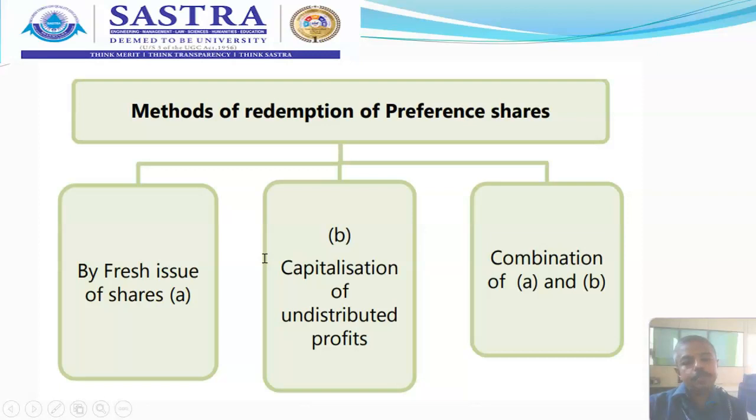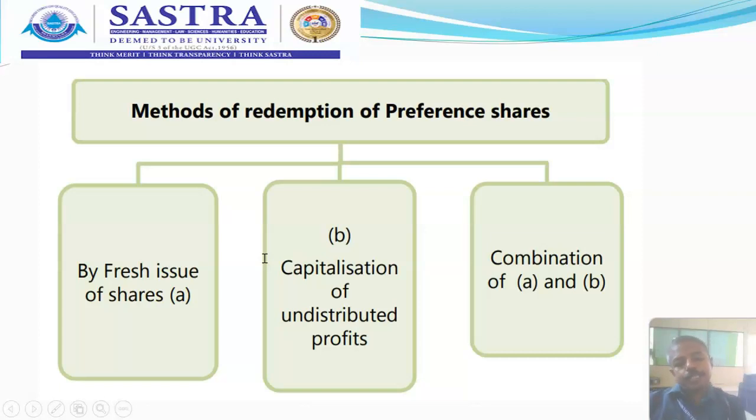Second, to write off the preliminary expenses of the company. Third, to write off the expenses of, or commission paid, or discount allowed on any of the securities or debentures of the company. So there is no specification: any security if you issue, you can write off those expenses or commission or discount allowed thereon. Next, to provide for premium on the redemption of redeemable preference shares or debentures of the company.